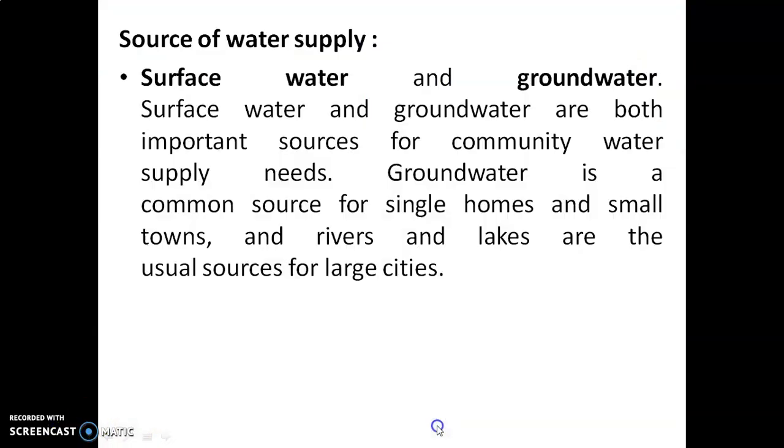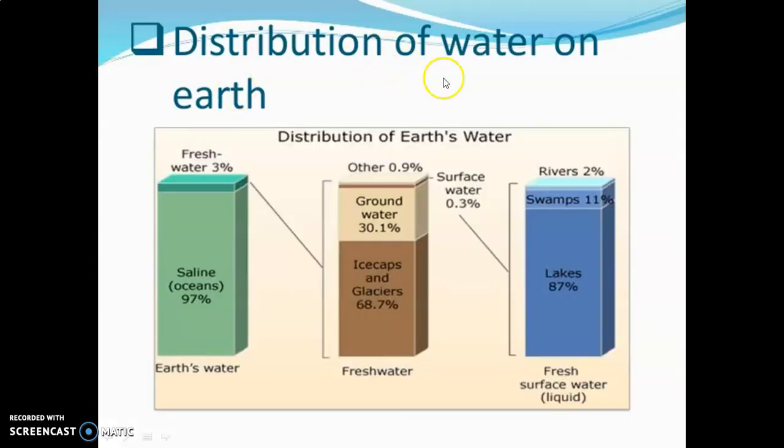Fresh water is a renewable source of water supply. Surface water and groundwater are both important sources for community water supply needs. Groundwater is a common source for single homes and small towns, and rivers and lakes are the usual sources for large cities. Distribution of earth's water: saline oceans 97%, fresh water 3%.